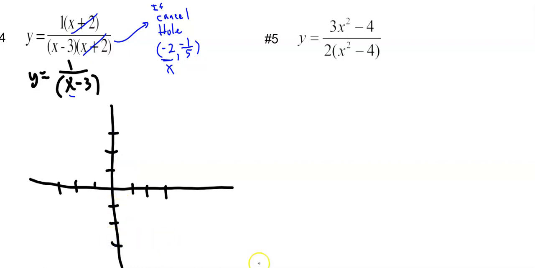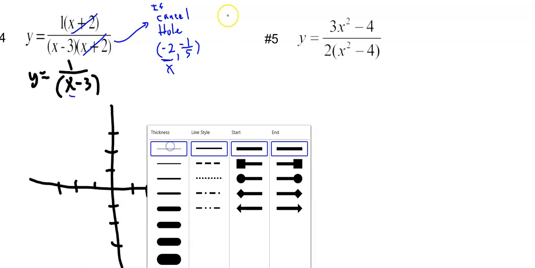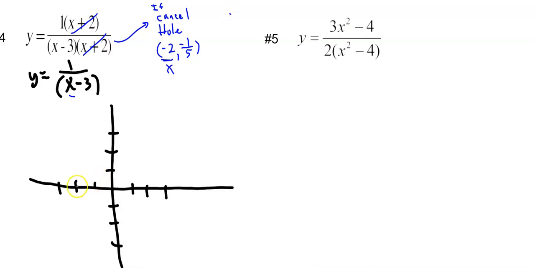Let's start with that hole. Let's put the hole at the ordered pair -2, comma, -1/5, right about right there. There's a little tiny hole in the graph right there. I put a little open circle to indicate the graph is going to go through there, unlike an asymptote, in the process of graphing.